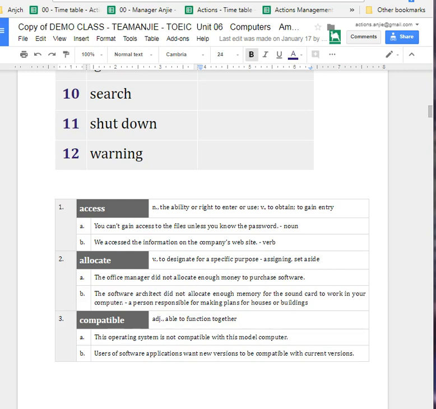Very good, Sandy. Do you know the meaning of noun and verb? A noun is used to identify any class of people, places, or things.